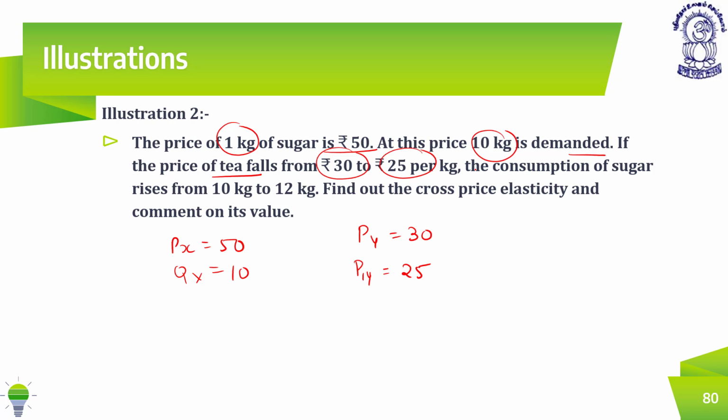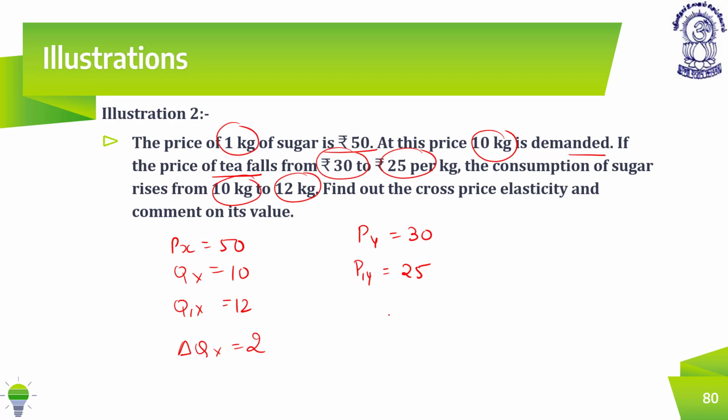The consumption of sugar rises from 10 kg to 12 kg. What is the change? The change would be 2 kg.